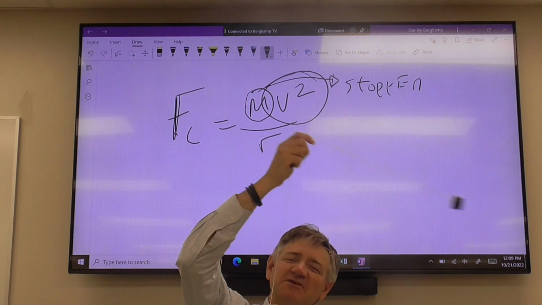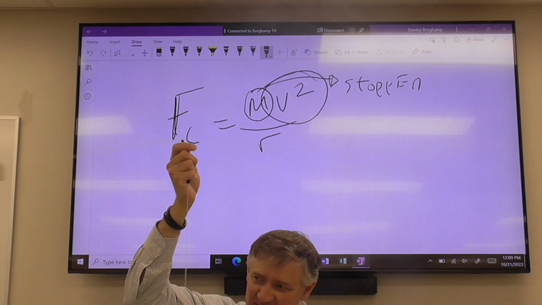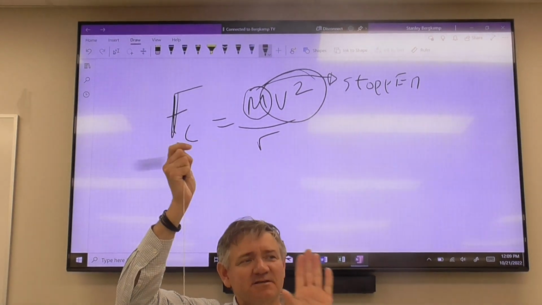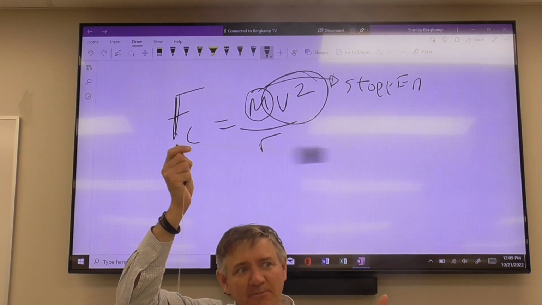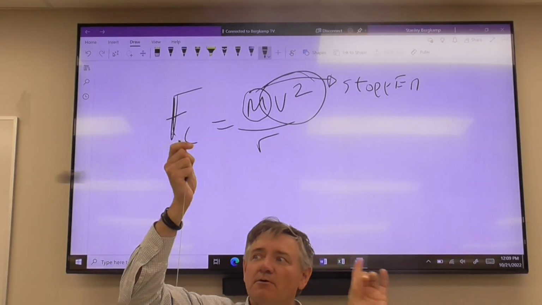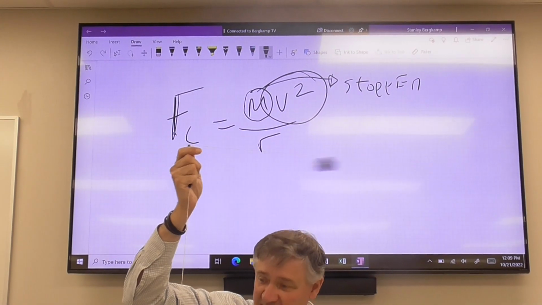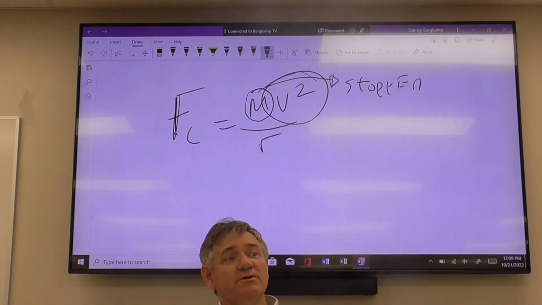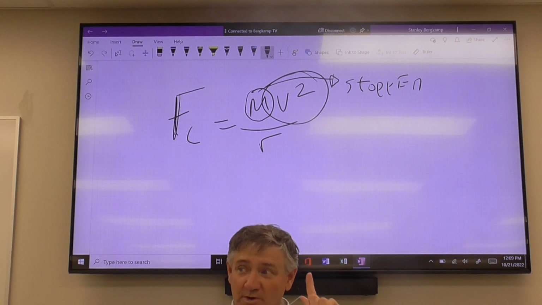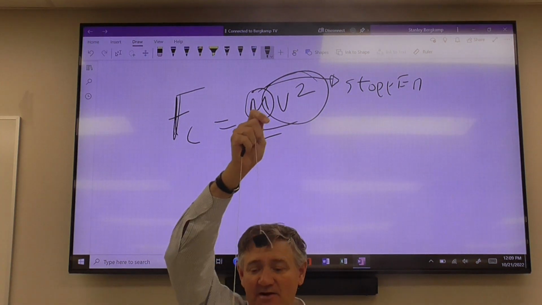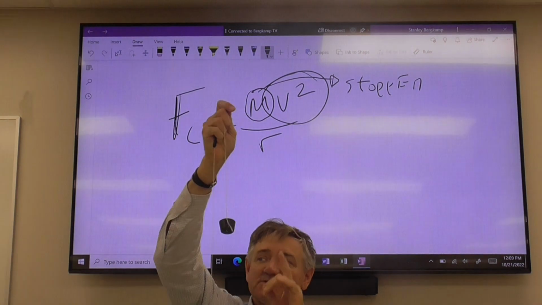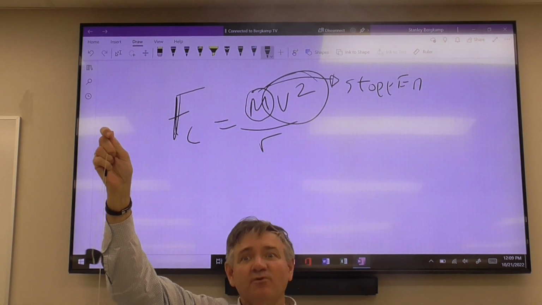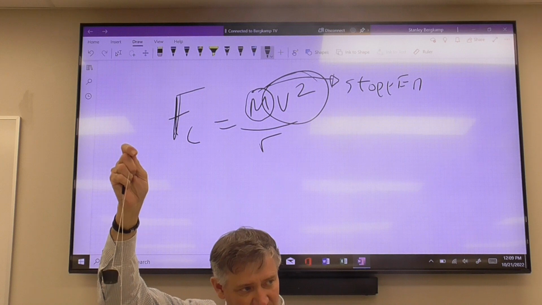Okay, so here's the deal. As this thing goes around, there is no outward force pushing on the stopper. What does the stopper want to do? It wants to keep going in a straight line. So what we're going to assume, listen to me, is that the weight of whatever's hanging down here is what's creating the centripetal force to keep the rubber stopper going around in the circle.